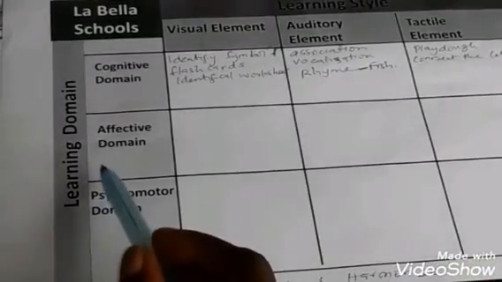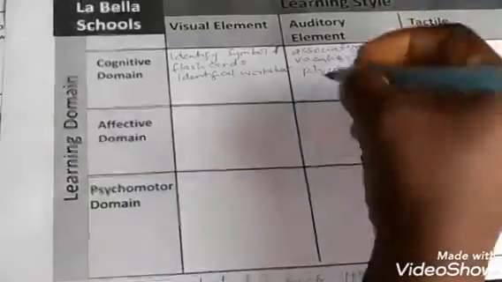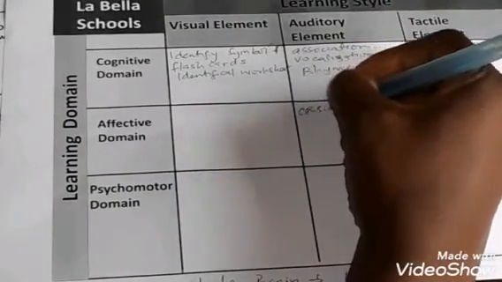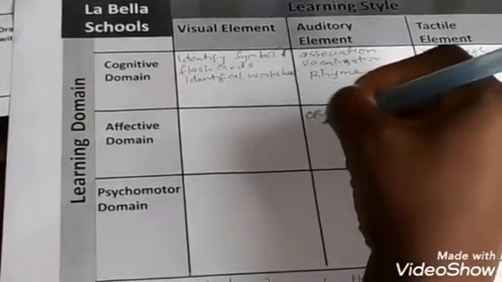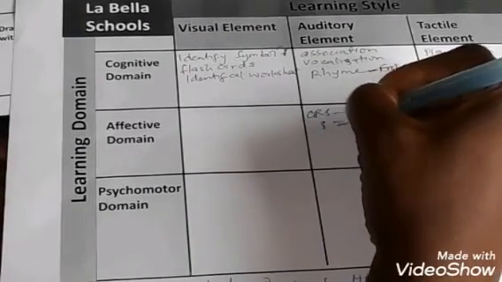If I'm going to be using fish, for instance, to teach them the auditory elements, then I might go into my affective domain and teach about, let's say CRS, and teach about the 5 loaves and 2 fishes.